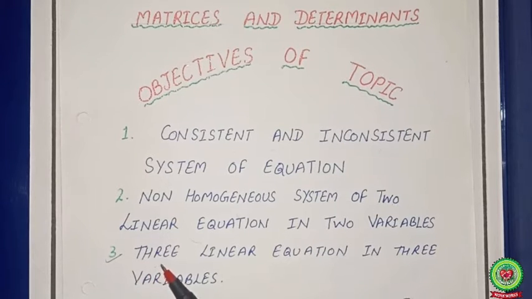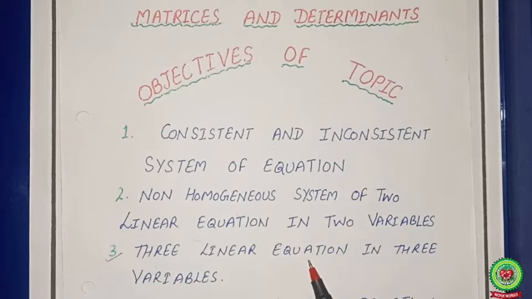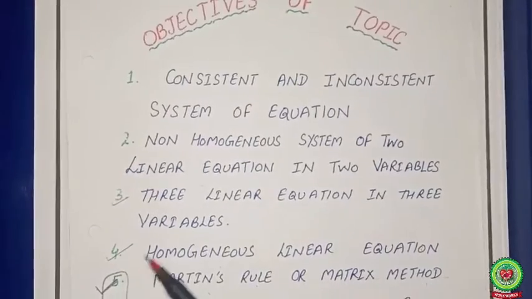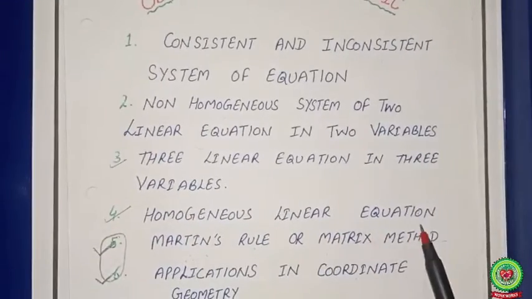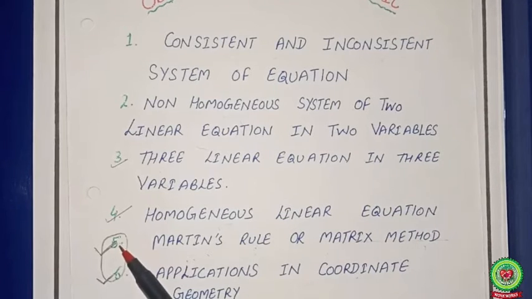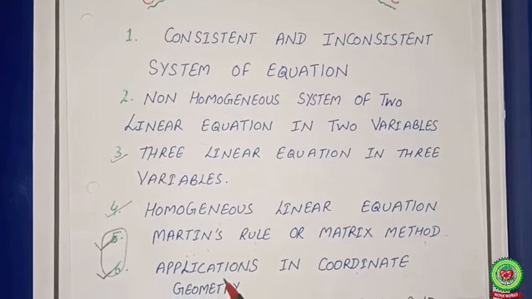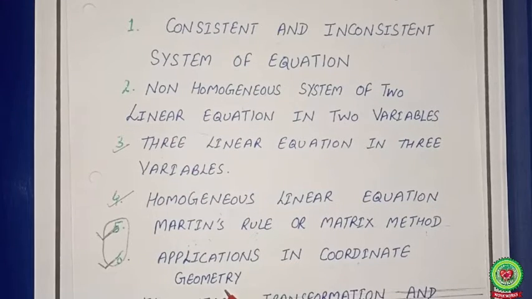Third, three linear equations in three variables. Fourth, homogeneous linear equations. Then fifth, we have discussed Cramer's rule or matrix method. Sixth, applications in coordinate geometry.